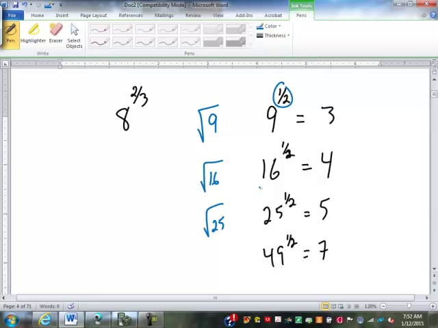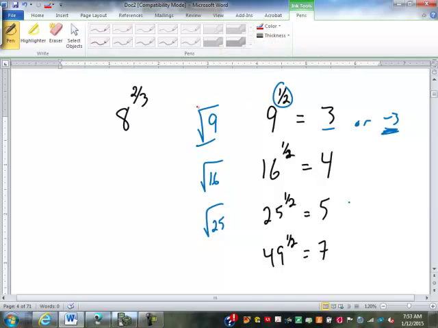Now, we talked briefly last semester about the fact that there's actually 2 answers to the square root. Square root of 9 is actually 3 or a negative 3. Your calculator just doesn't recognize that negative answer. The power of 1/2 and the square root are actually defined to be the same thing. Where does that half come from?